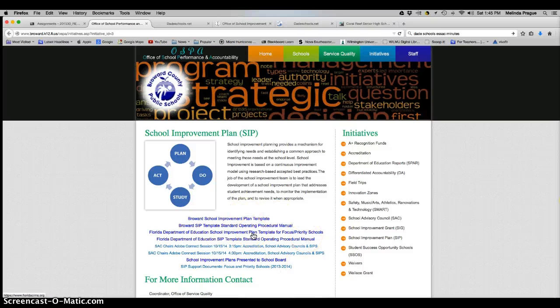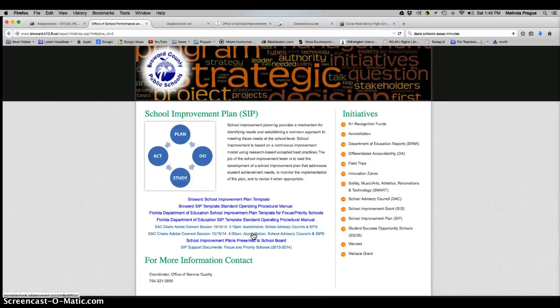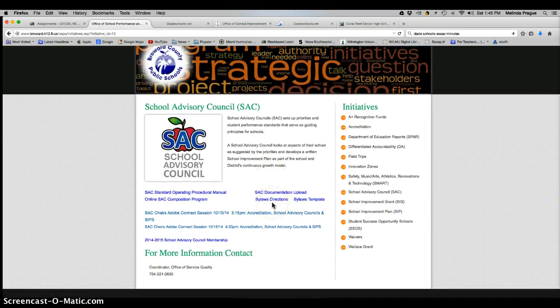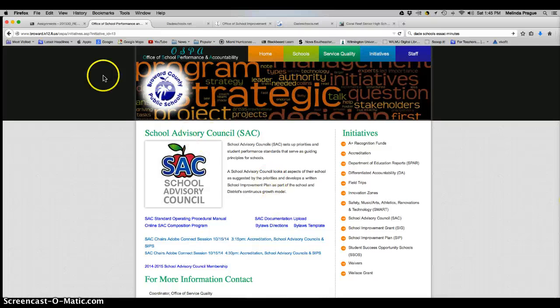And you can explore this for more information, and you can, again, look for meeting minutes. They have school advisory councils set up, and you can see what kinds of things are here if that's of interest to you.